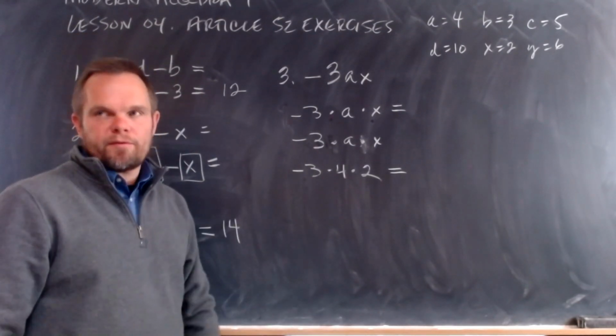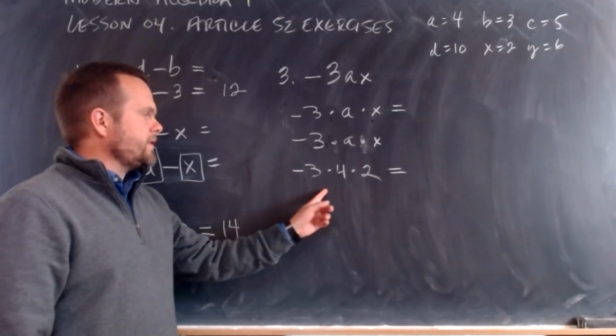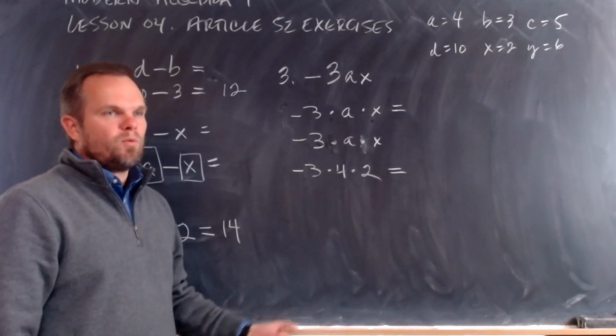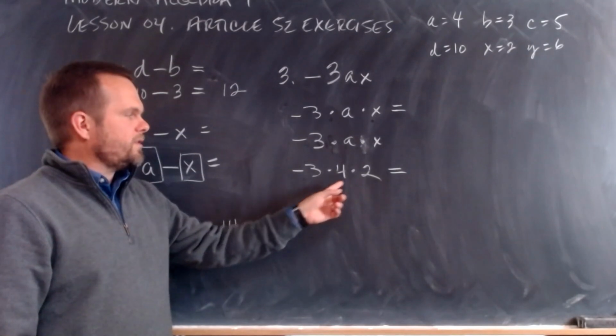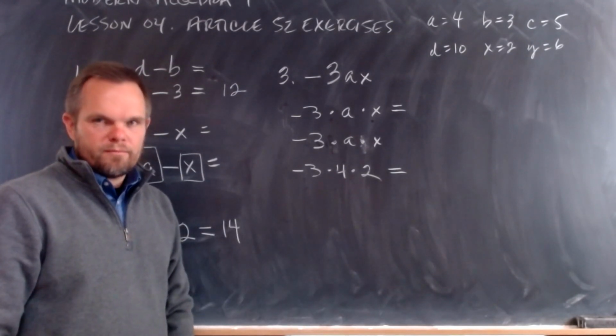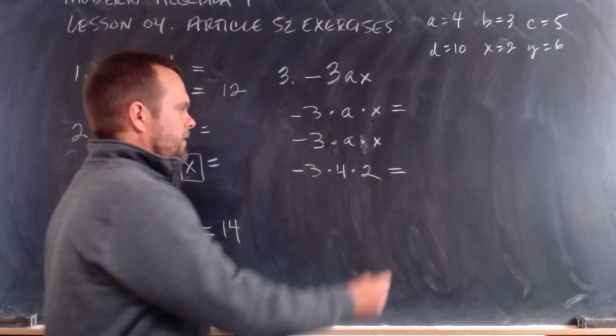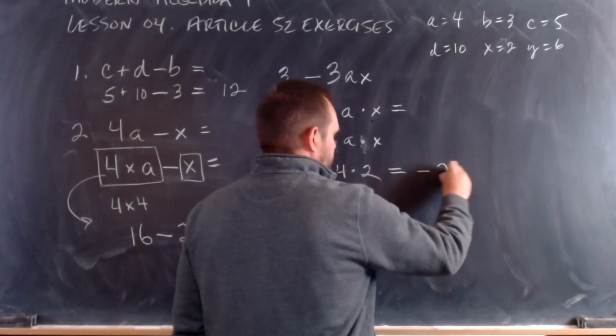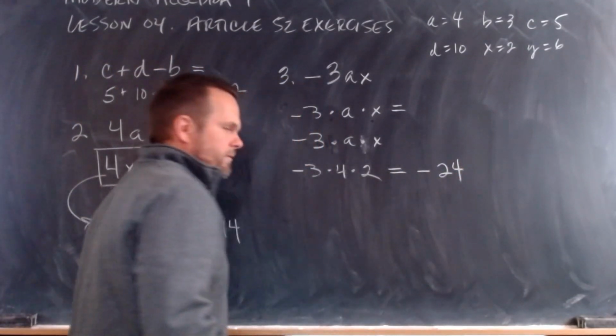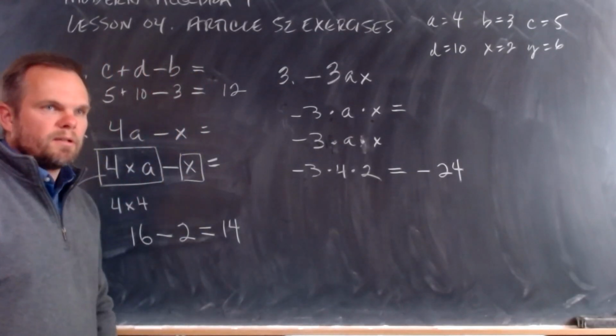Negative 12. Negative 3 times 4 is negative 12. What's 12 times 2? 24. Negative 24. So the answer is negative 24. Is that the right answer in the book? Yes.